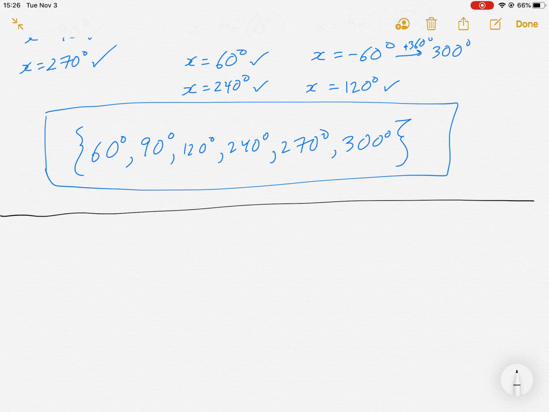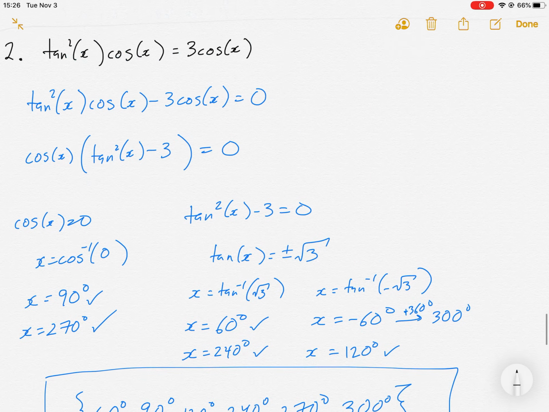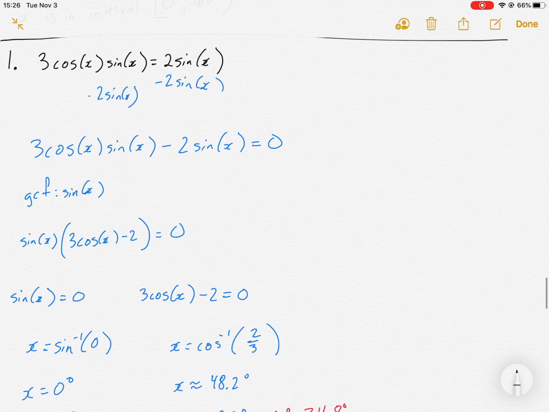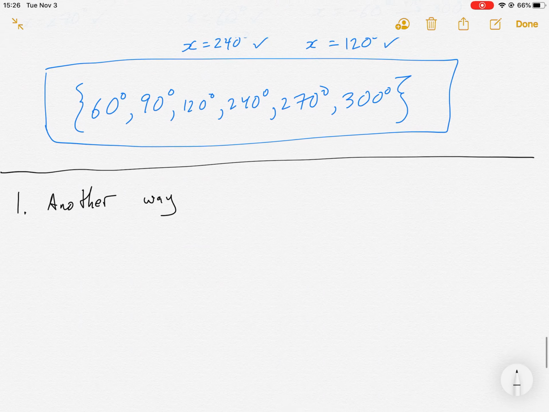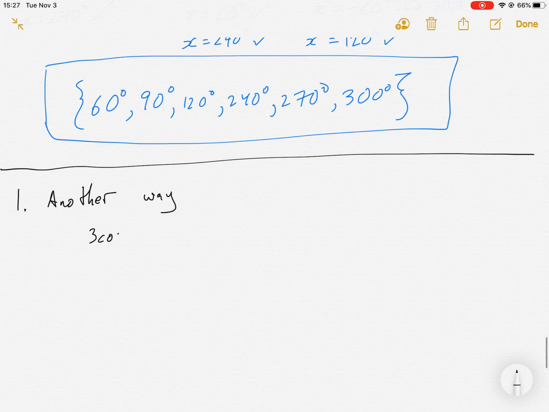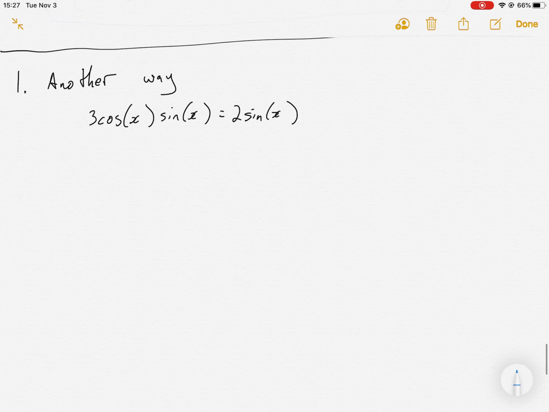Now, really that concludes this video, but let's just go back to number 1 another way. So let me go ahead and write that one down again. It was 3 cosine and 2 sine. And I want to bring this up because it might have been tempting for some of you. If you feel good about the other method, don't really worry about this.